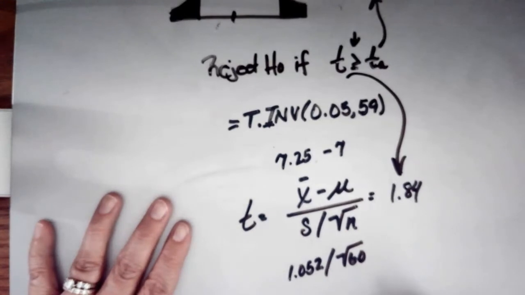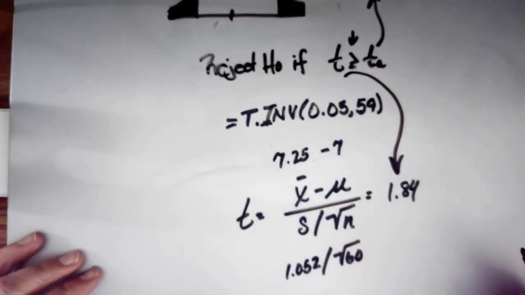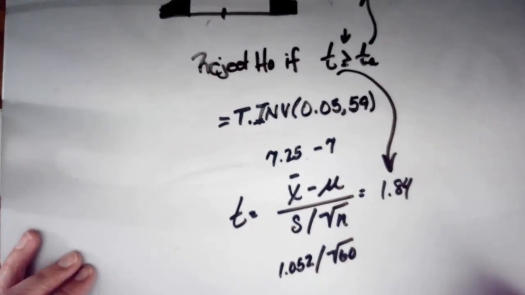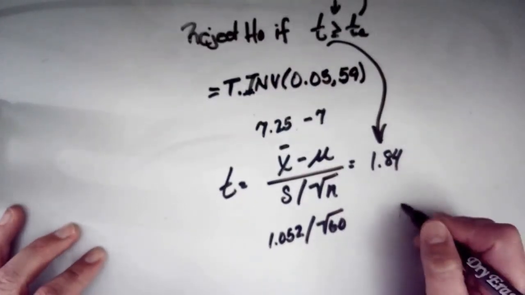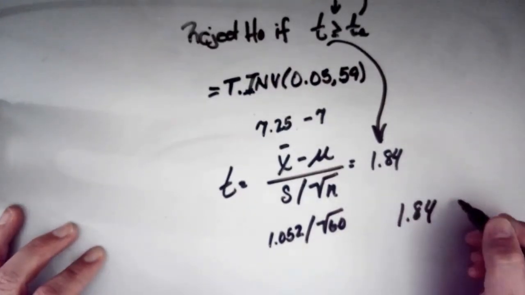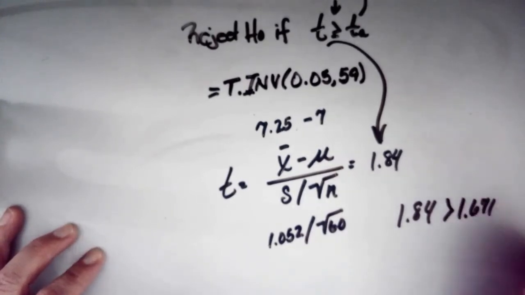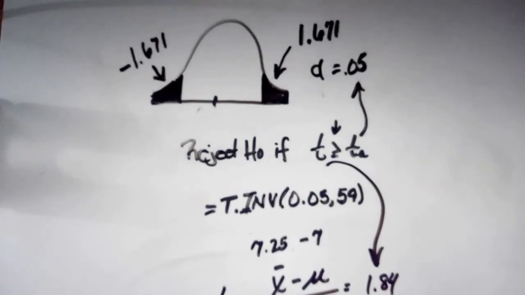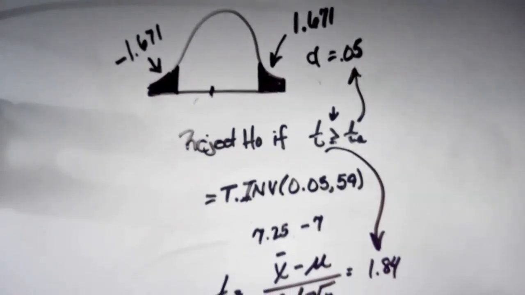So we can reject the null hypothesis and conclude that London Heathrow Airport should receive a superior rating by the business travelers, the surveys that they took, because 1.84 is greater than 1.671, the t-score for our critical value approach.